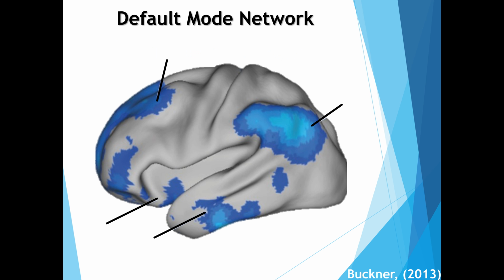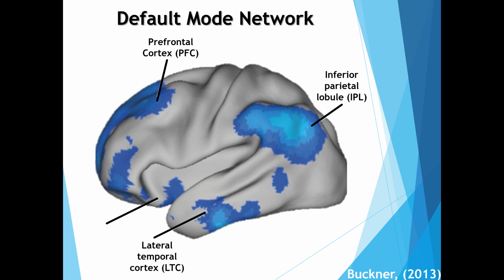This is the activity. So this is the left side of the brain, left hemisphere, and you can see prefrontal cortex being active, and this is part of the default mode network. The inferior parietal lobule, IPL, and that is towards the back, the bottom portion of the parietal lobe.